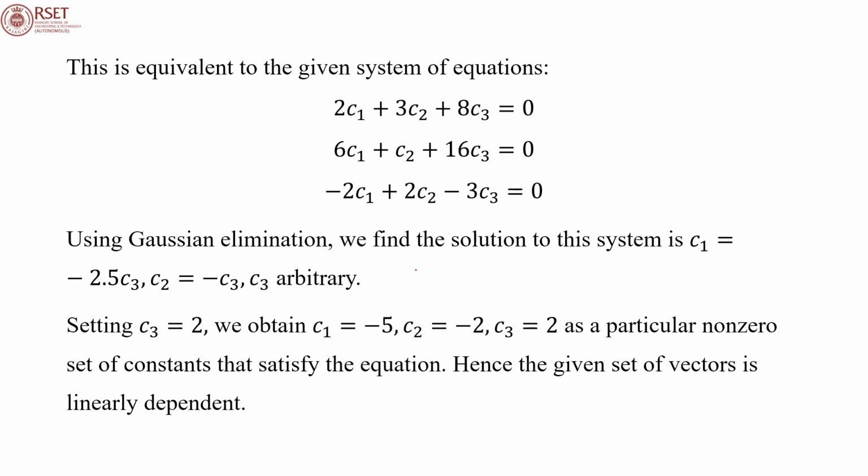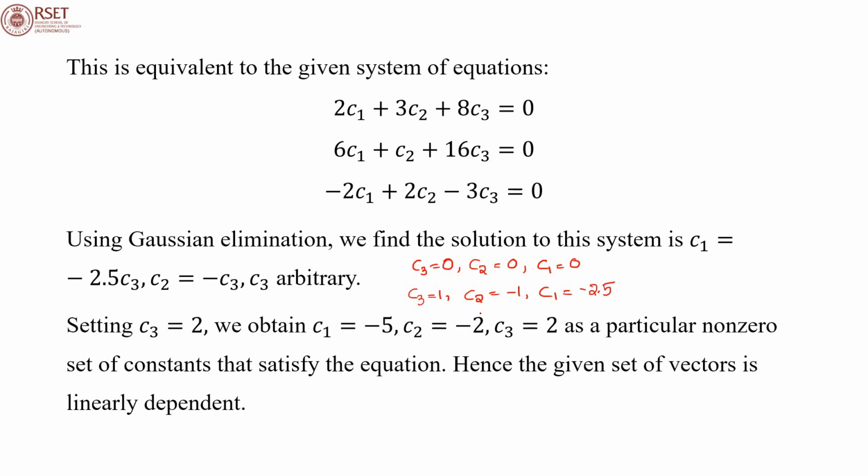If I give C3 equal to 0, C2 will be minus of C3, which is 0, and C1 will also be 0. Now if I give C3 equal to 1, C2 equal to minus 1 will be an answer, and C1 equal to minus 2.5 into 1 will also be a solution for the system.